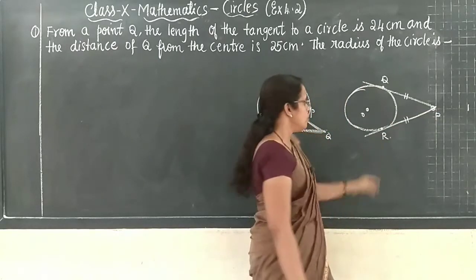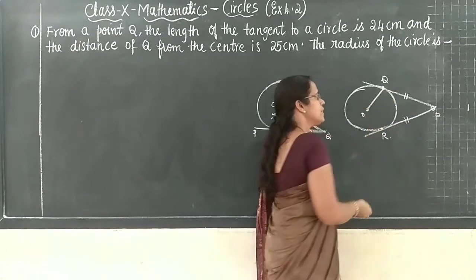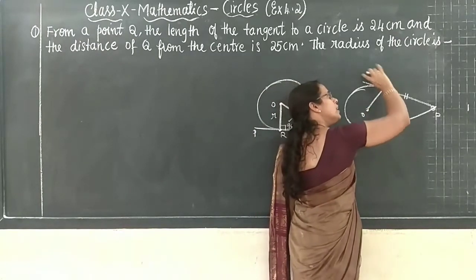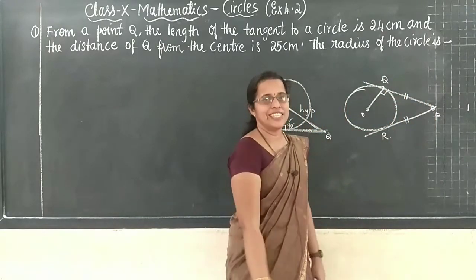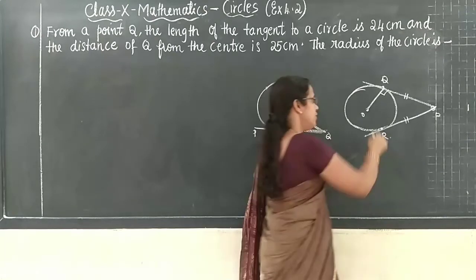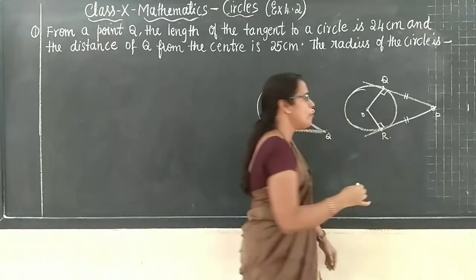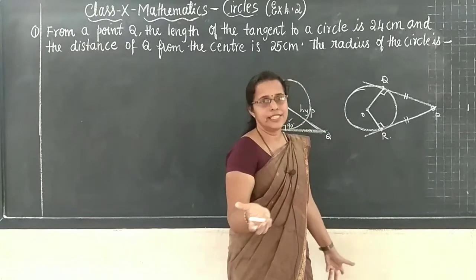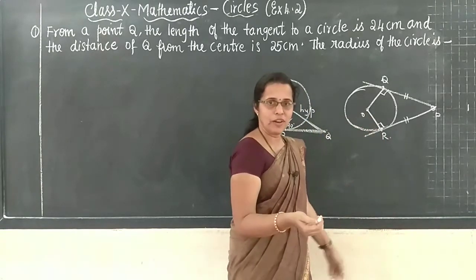Right children? So now if I draw a radius joined to this tangent, it makes an angle of how many degrees? 90 degrees. Even if I draw another radius here, it makes an angle of how many degrees? 90 degrees, because of theorem number 1.